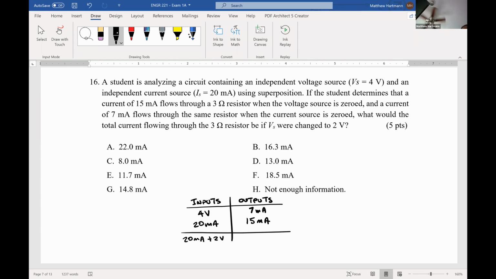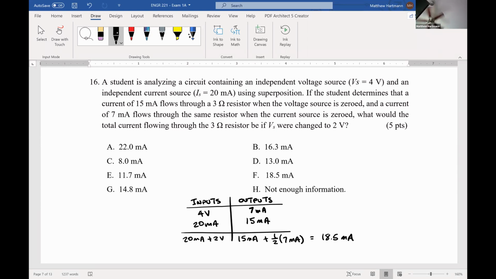We get the full output from the 20 milliamp input, so 15 milliamps, plus, since applying 2 volts is 1/2 of our 4 volt source, 1/2 of the corresponding output. So that's 15 plus 1/2 of 7, which is 15 plus 3.5, or 18.5 milliamps.